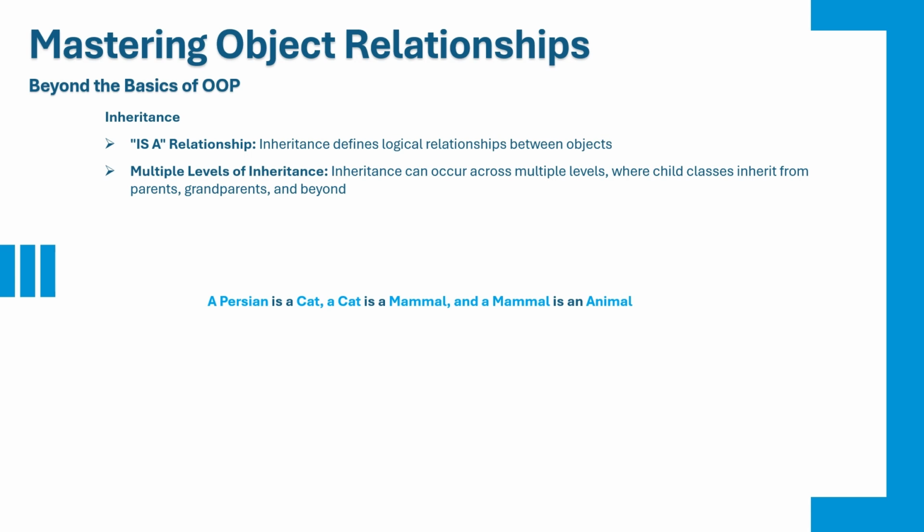This shows a chain of inheritance, where each level inherits properties and behaviors from the one above it. Just as every cat is an animal, in programming, subclasses can inherit not only from their immediate parent, but from multiple levels up in the hierarchy. This is key in building complex, reusable structures where classes at every level share common traits, but also have unique characteristics.